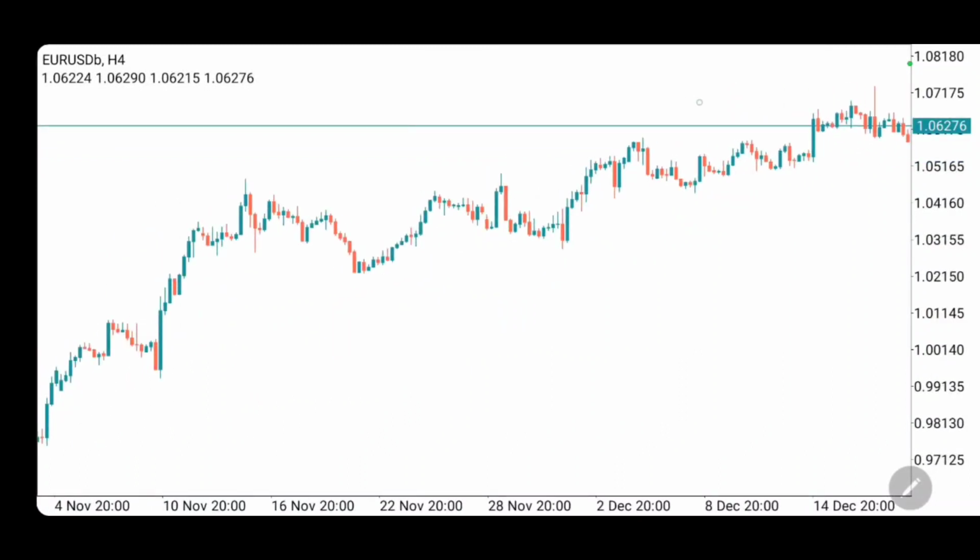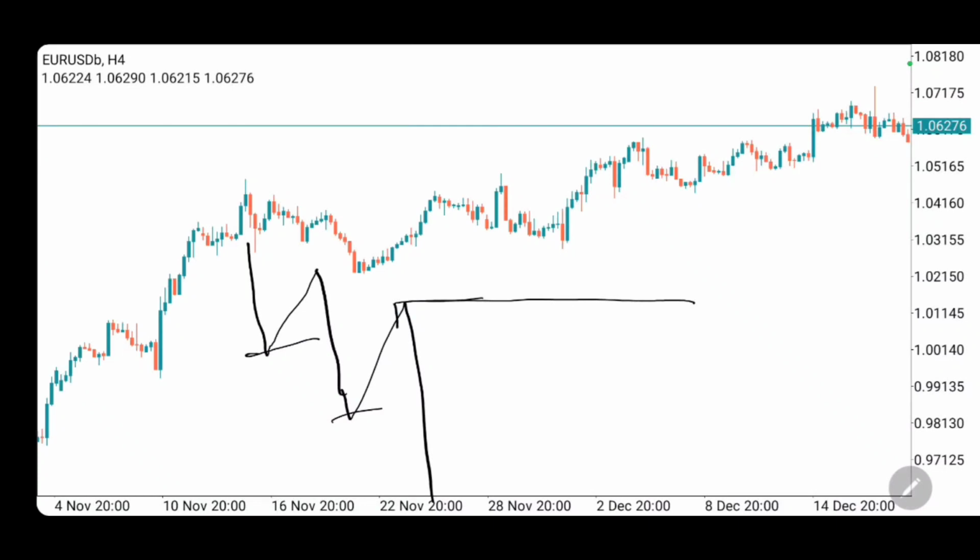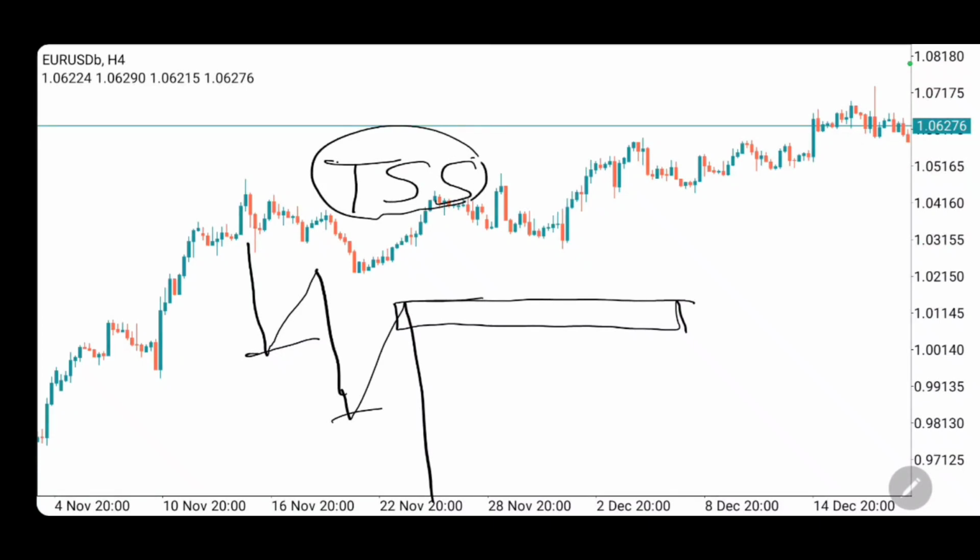You have a scenario whereby we're in a bearish market phase, in a bearish market structure, and let's say this is a supply zone right here. I want to show you the turtle soup short, because we say there are two types, turtle soup long and turtle soup short.